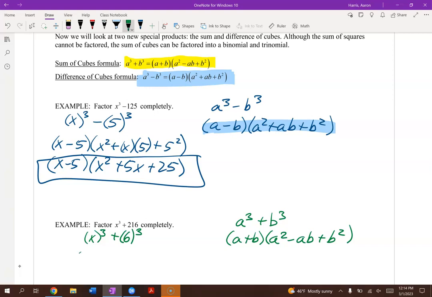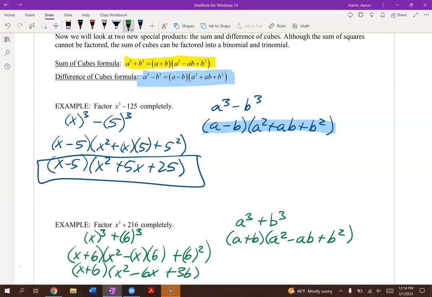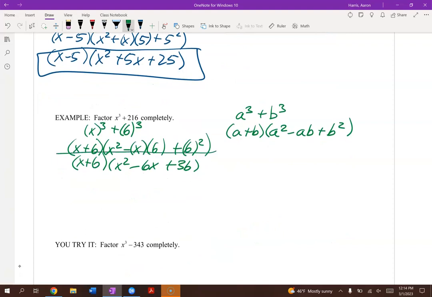So a plus b, a squared minus ab, whoops, plus b squared. And we're all done. That one.